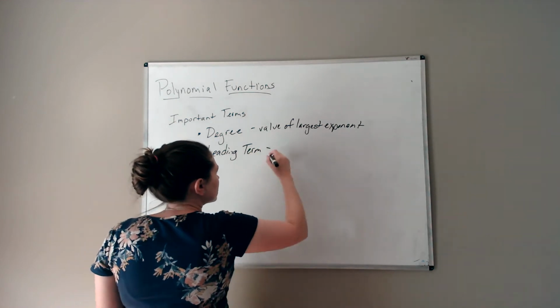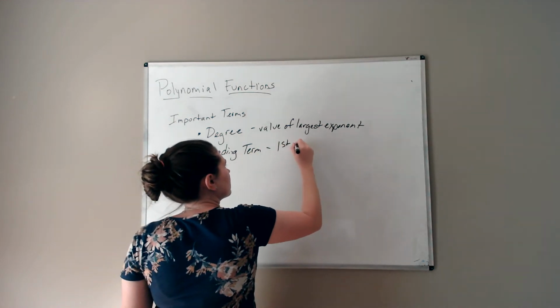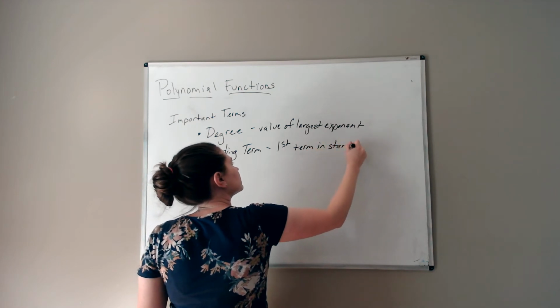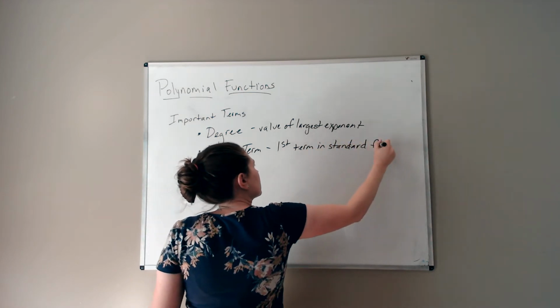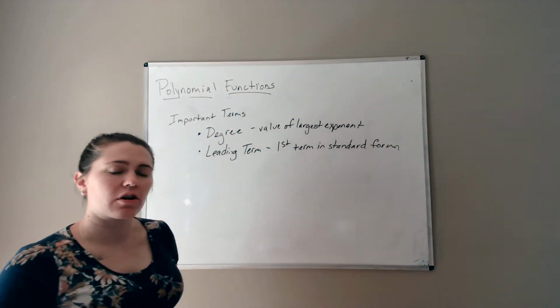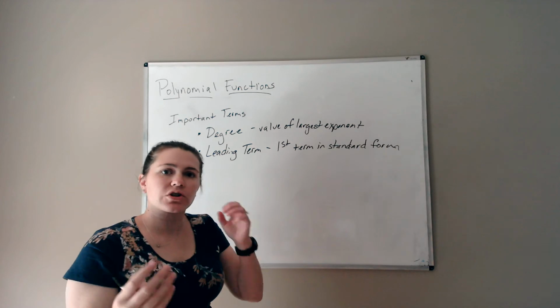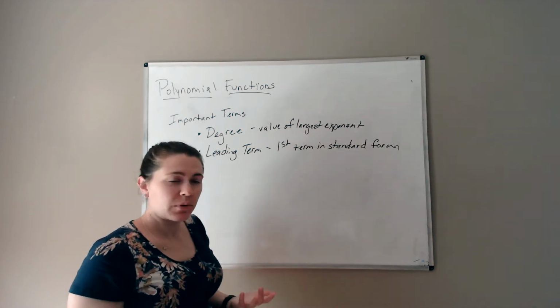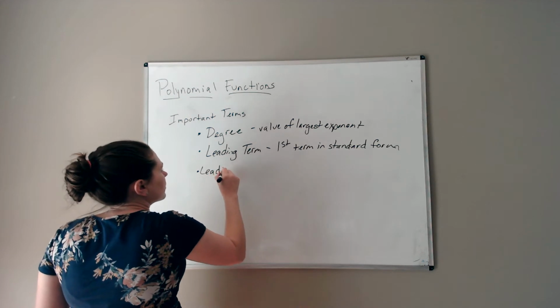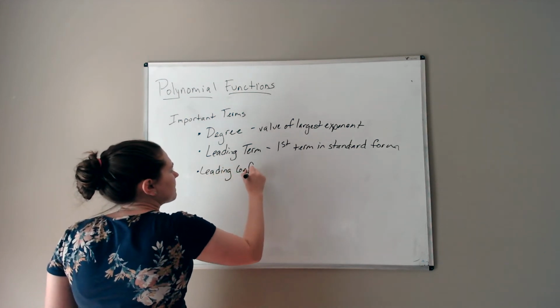So the leading term is going to be the first term when you're in standard form. So that means it is the term with the largest exponent in it. Okay? And then leading coefficient, this is all going to be important when we are graphing.